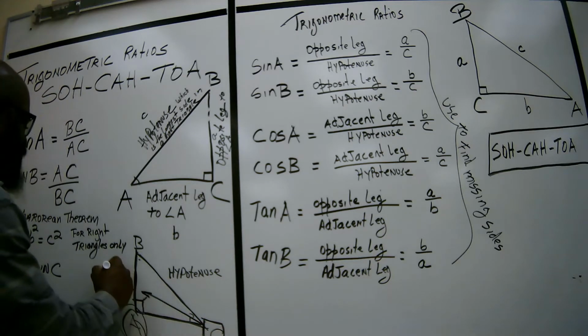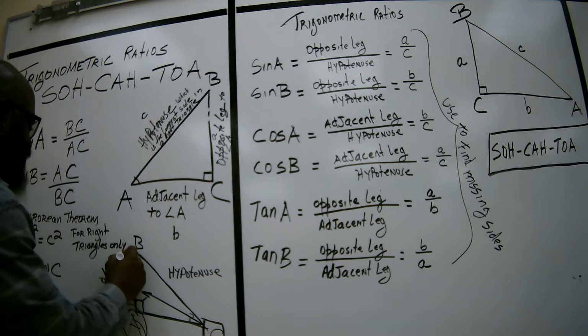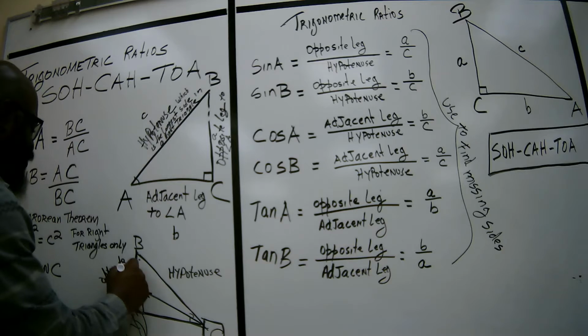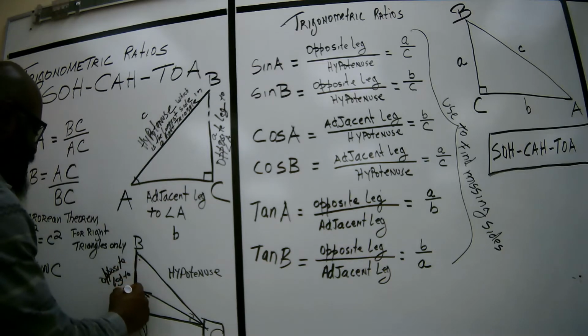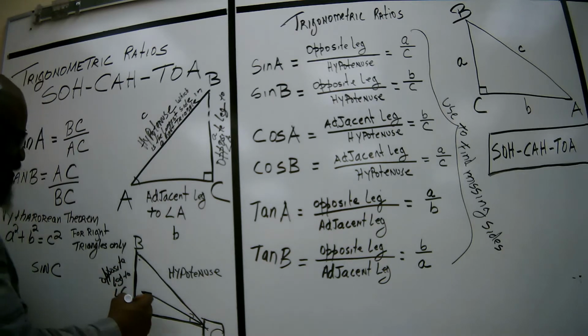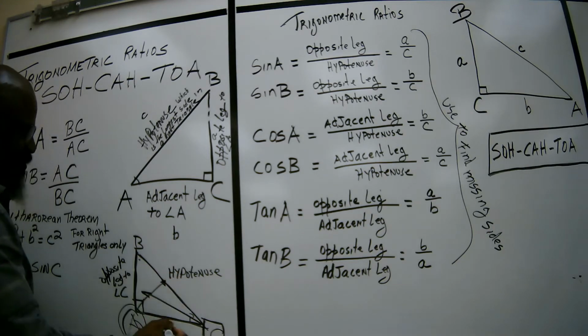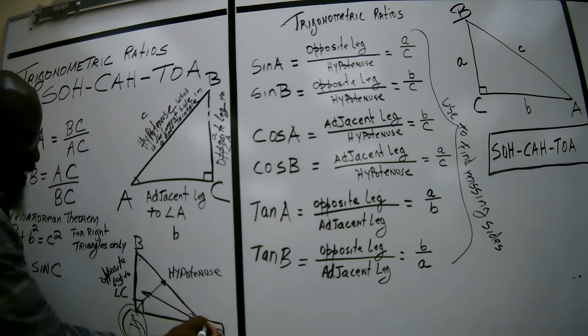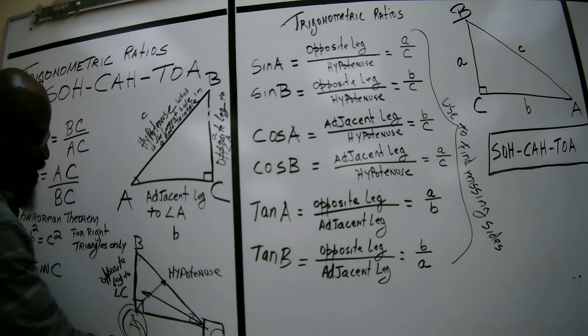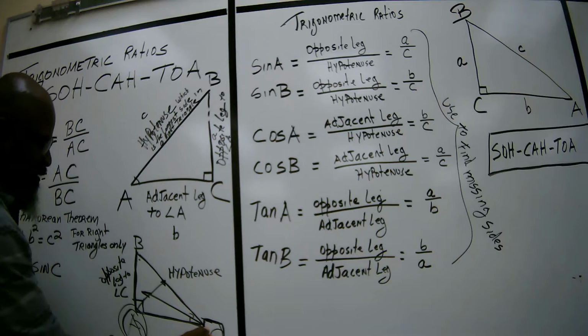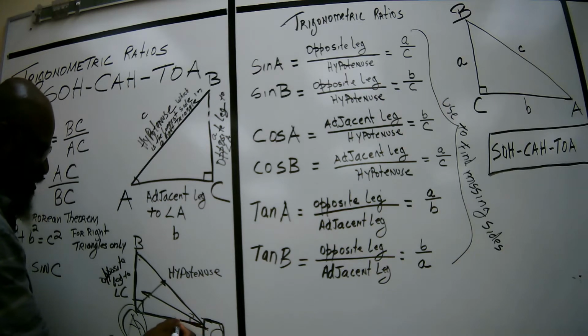This becomes the opposite leg to angle C. Since I already know this is my 90 degrees, this is the hypotenuse. And the third side is the adjacent. Adjacent means next to. The other side that is next to C, or that forms the angle with C, is AC. Therefore, AC is the adjacent leg to angle C.